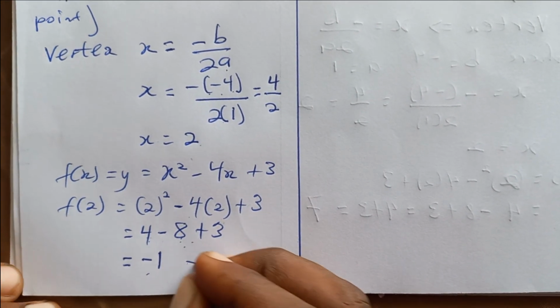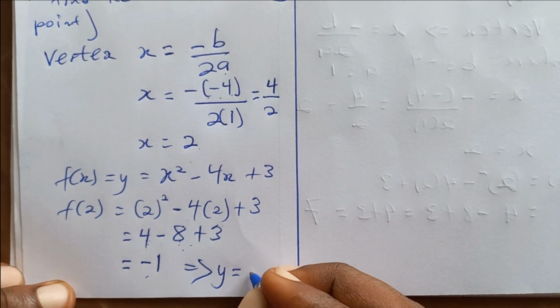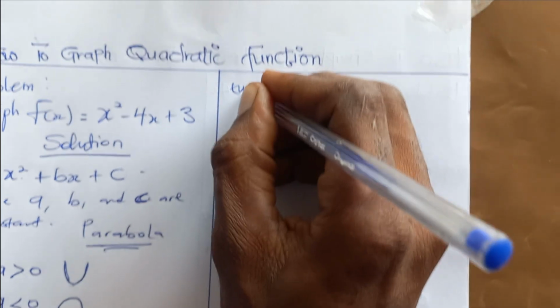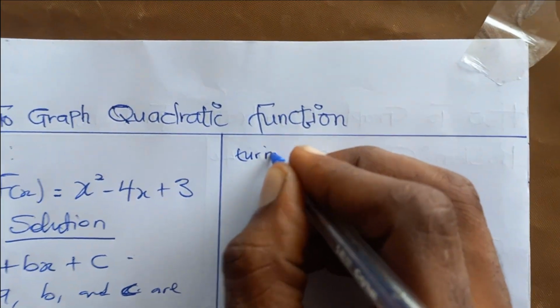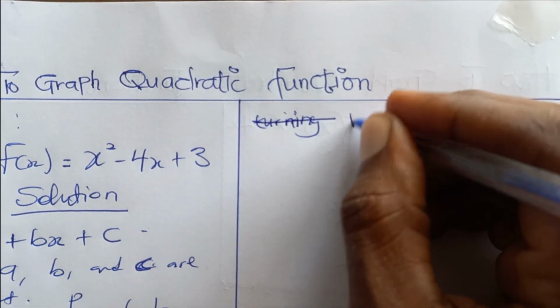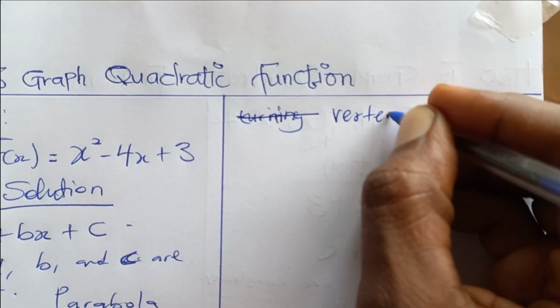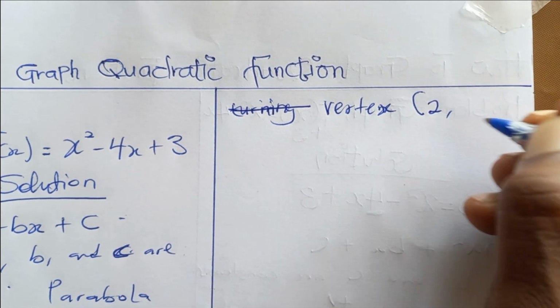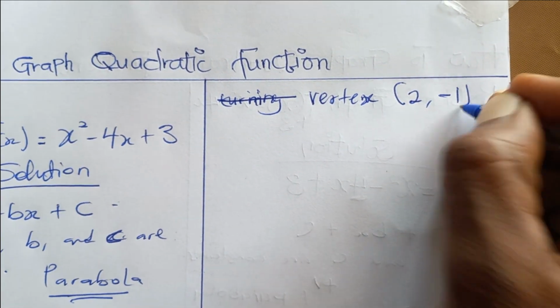So we can say that our y is equal to negative 1. So we are getting the turning point. Okay, let me name it the vertex, to be: we had x to be 2 and y to be negative 1.